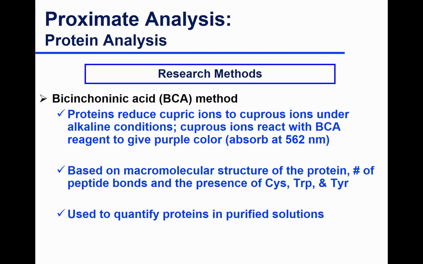Also, you don't want any reducing agents in your sample, or if you have a reducing agent in the sample, it would be only to a certain amount, because this assay is based on reduction. The proteins reduce cupric ions to cuprous ions under alkaline conditions, and then the cuprous ion reacts with the reagent, BCA, to give you a purple color that you measure absorption at 560. So if there is a high amount of a reducing agent in there other than the protein, then your values are skewed.